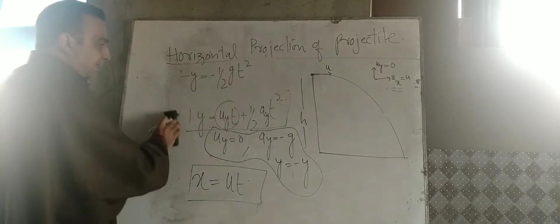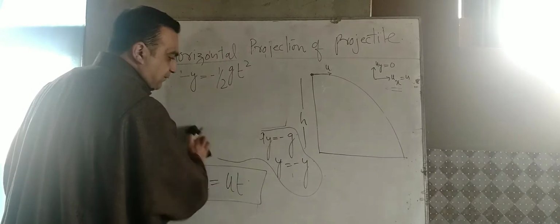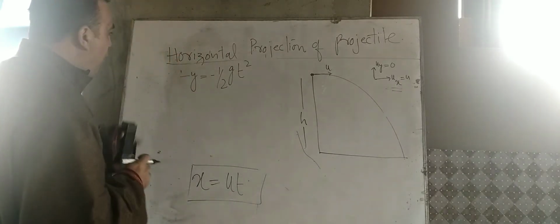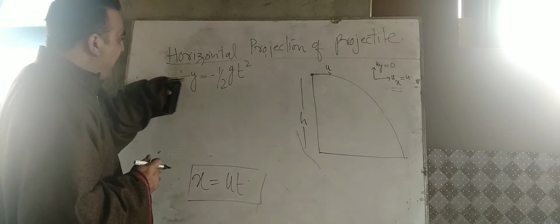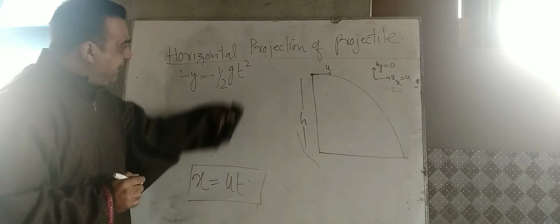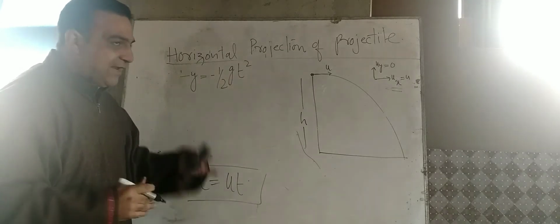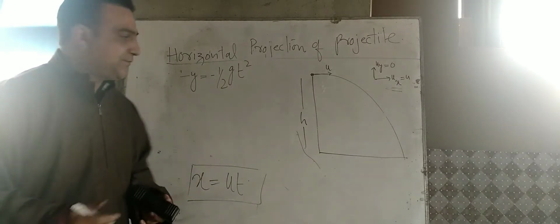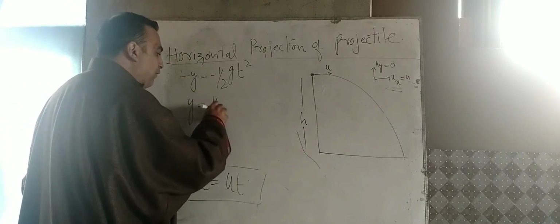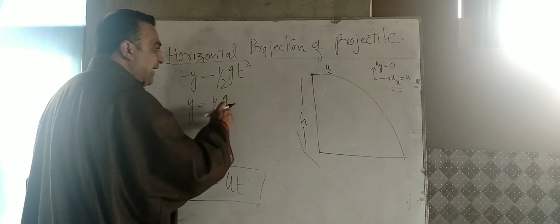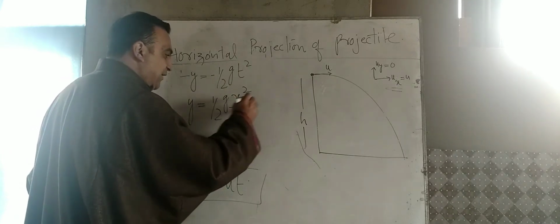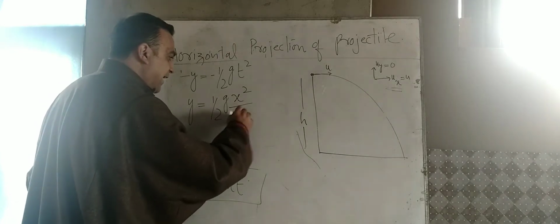I hope this is clear. I hope you understand it. So this minus and minus will cancel out. I can use the value of t from the horizontal equation. I will merge the two equations. So what will I get? I will get y = 1/2 g, and instead of t², I will write x² divided by u².